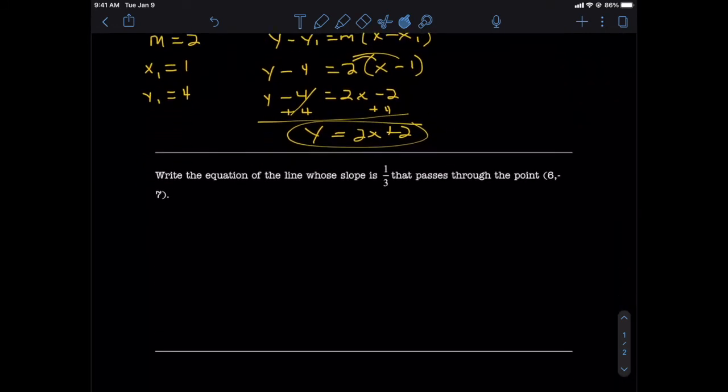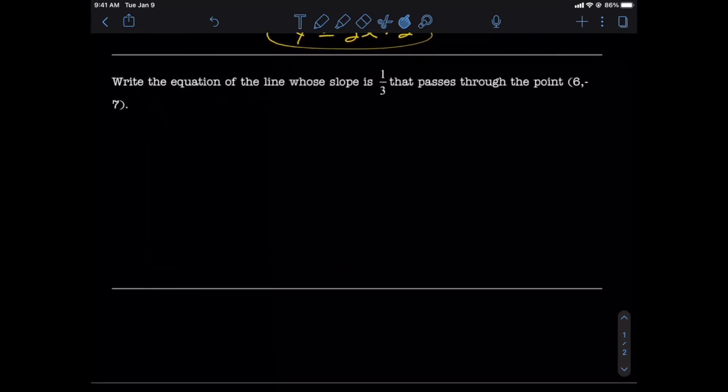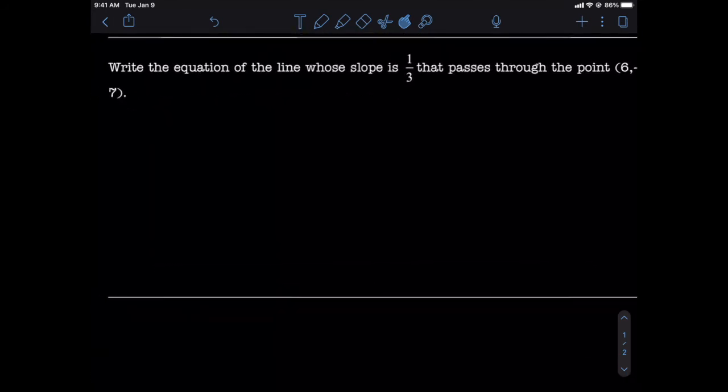But let's take a look at another example here that looks a little tougher than it actually is. Now this time we want to find the equation of the line whose slope is a third that passes through the point (6, negative 7). That 1/3 may look a little bit scary, but it's not going to change the steps that we take. The values of your m, your x1, and your y1 aren't going to change the steps, even though they may make your arithmetic a little bit more difficult.